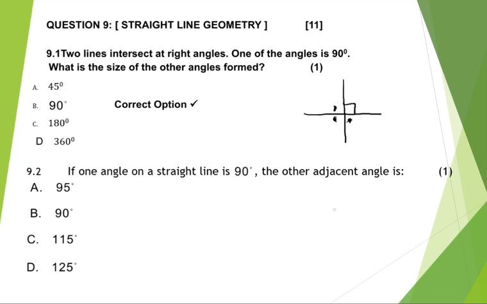So it's one angle on a straight line, something like this. If one angle on a straight line is 90 degrees, the other adjacent one, which is the one side by side, is either this one or that one. These two are all 90 degrees.